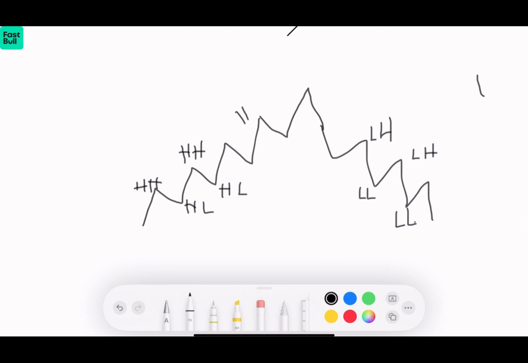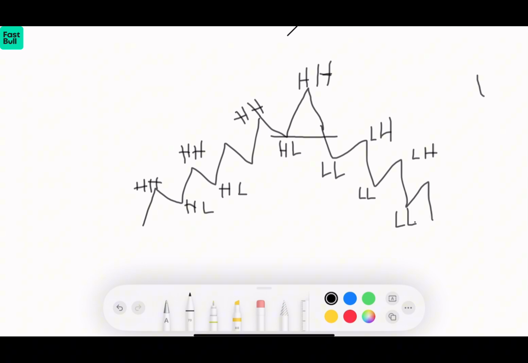So we have a higher high here, and a higher low. The market created its last higher high. Sometimes this can be an equal high or a higher high, and then market sweeps down this last support level, thereby giving a lower low because it closed below this higher low.